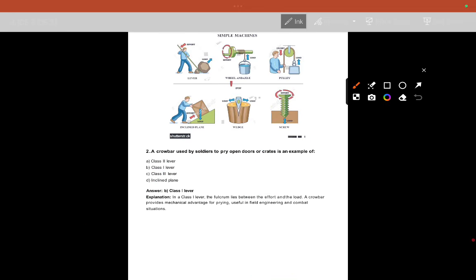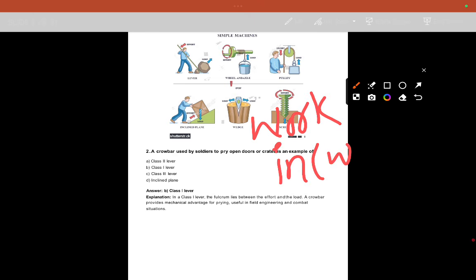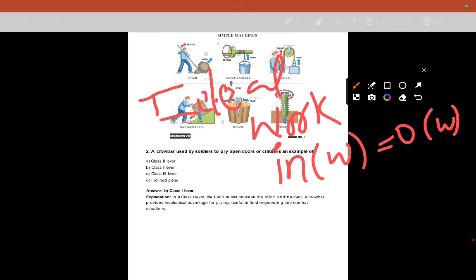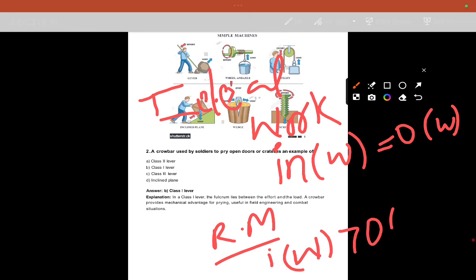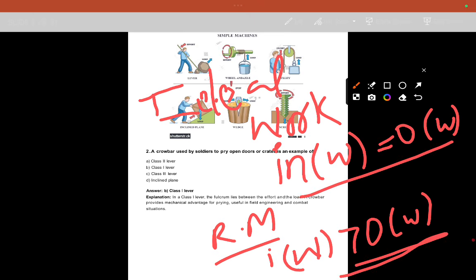Don't confuse: in terms of the work concept, input work is equal to output work, and these machines are called ideal machines. Coming to real machines, input work is greater than output work. Here it is equal, here it is different. So that is about the ideal machine and real machine.